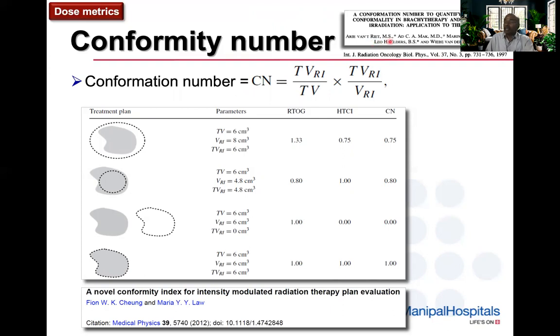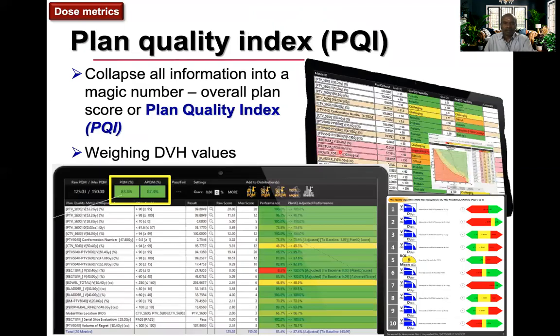And it is in that 1997 paper that this particular index was first defined, called the conformation number. So different definitions are there for the different indices, and it can vary according to whether you are using the RTOG or whatever definitions you have accepted.